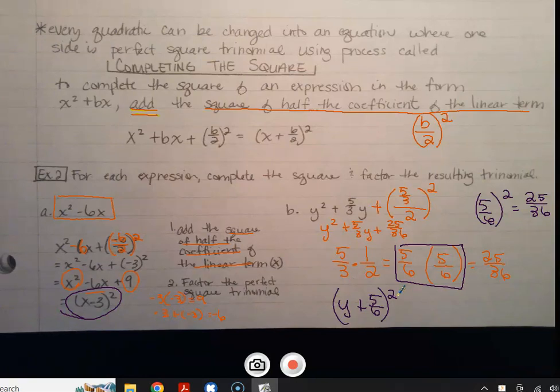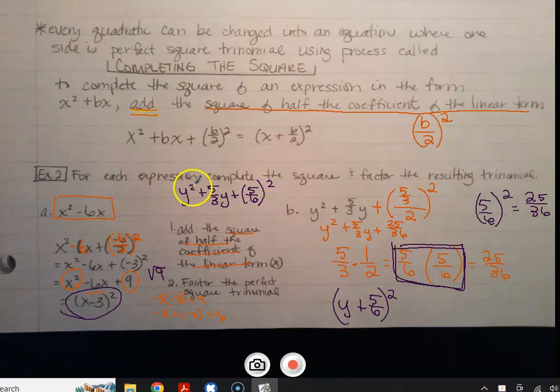Because when we got the 9, we still had to go back and find the square root of 9. So my point is, you don't always have to do this math. We could have left it as y squared plus 5 thirds y plus 5 sixths squared.